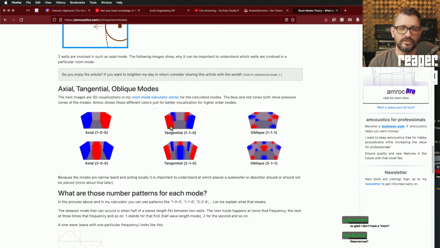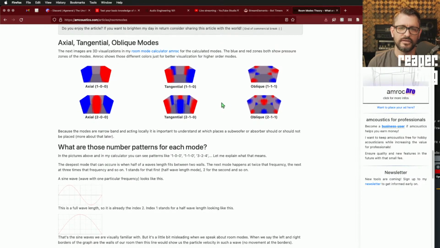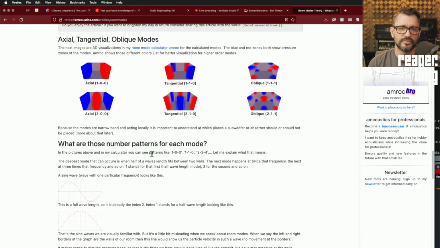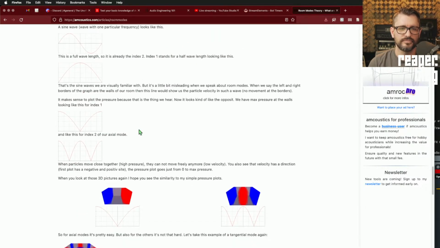Tangential is when there's similarities between 3 of the surfaces. I think I'm correct with that. And then oblique modes are always weaker, but they can still be a problem when combined with the axial modes, stuff like that.